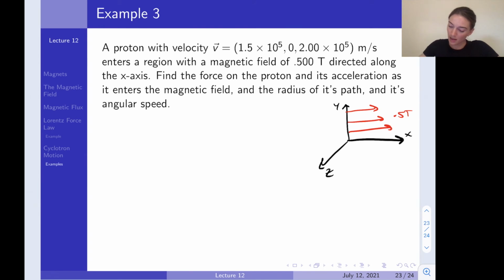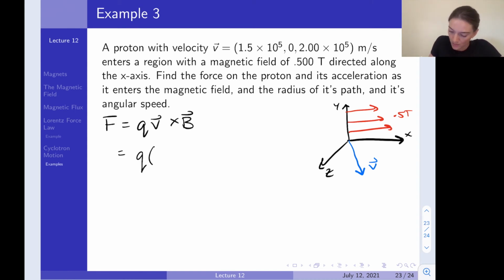Since this proton is coming in with some component in the x direction and some component in the z direction, it's going to be coming in sort of in this plane here. So let's write our Lorentz Force Law. F is equal to qv cross B. Let's just look at our cross products first.